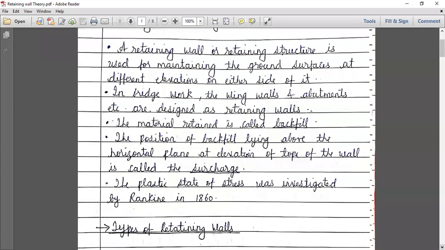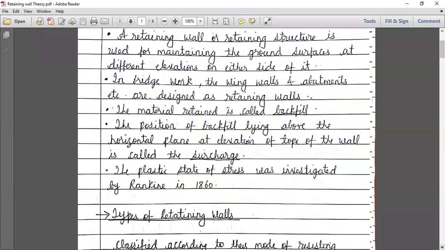Okay, so let us see the various types of the retaining wall. Does anyone remember the various types of retaining wall? Types of retaining walls, have you seen or studied?